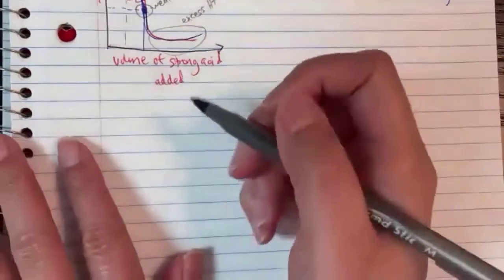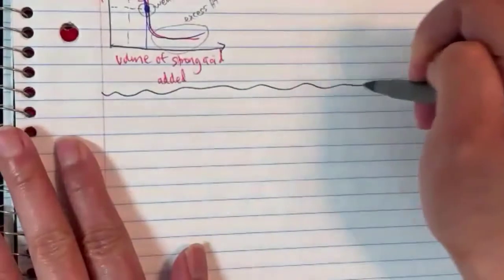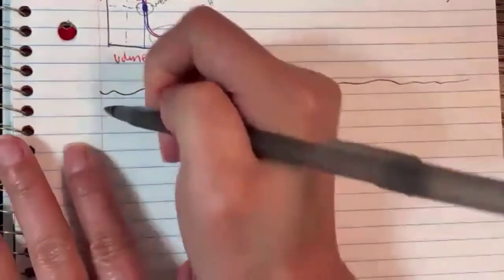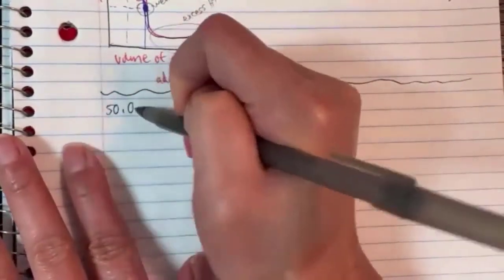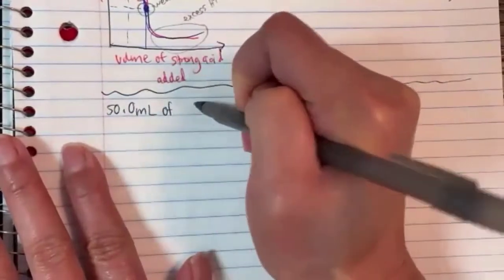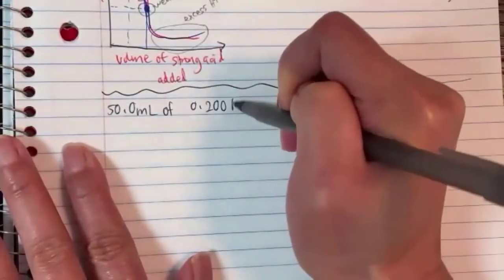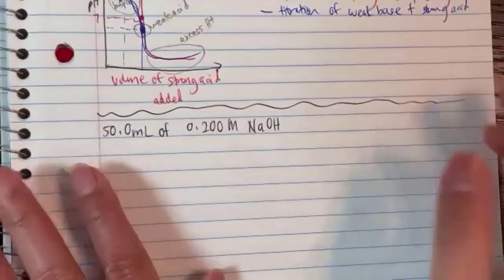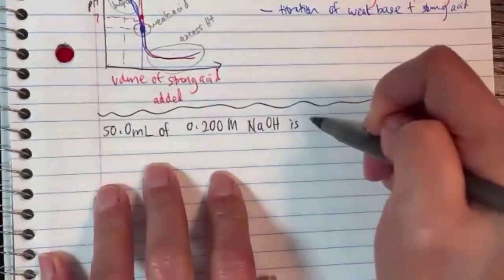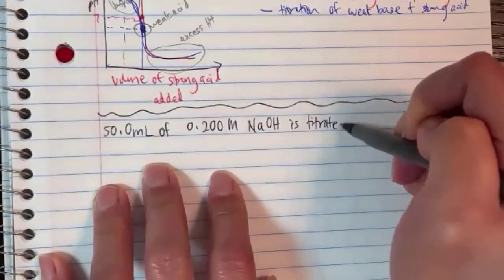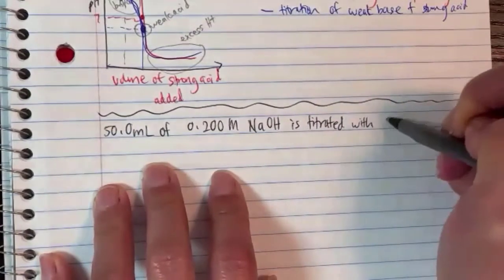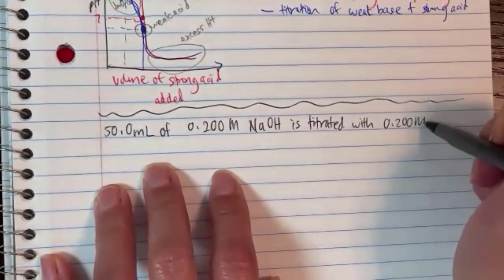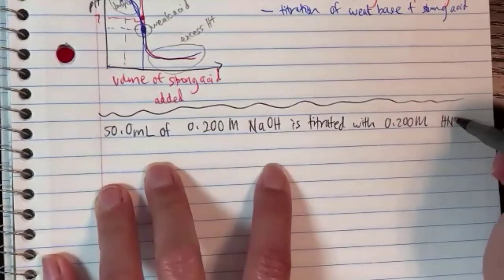Okay, so the first example calculation is going to be: 50 mils of 0.200 molarity NaOH is titrated with 0.200 molarity HNO3.